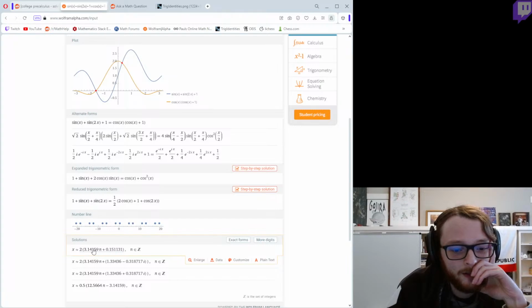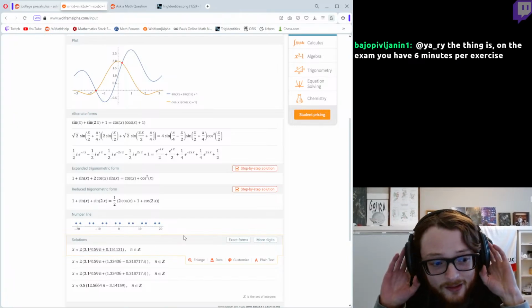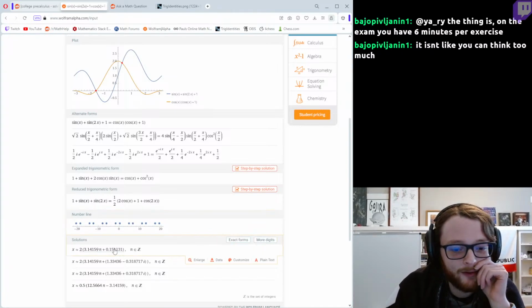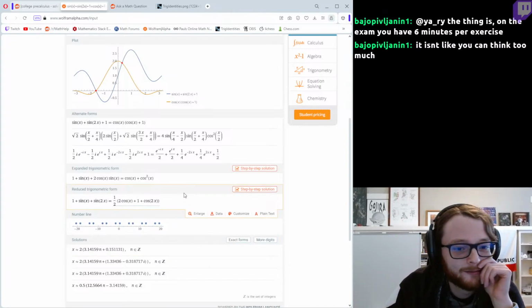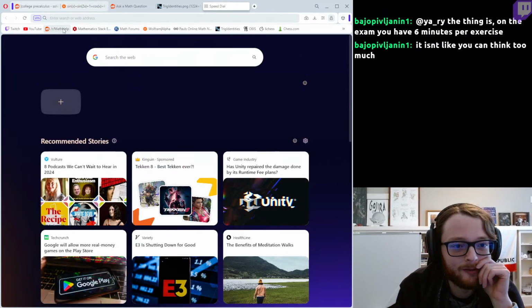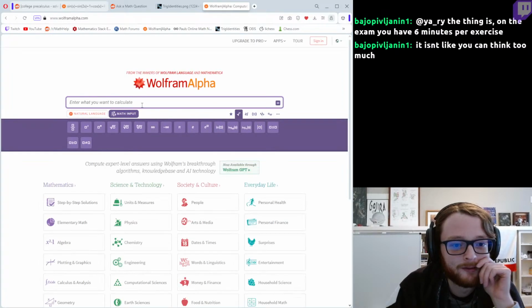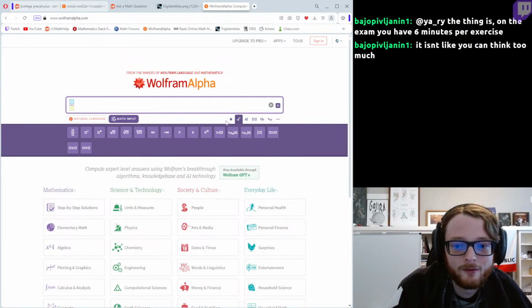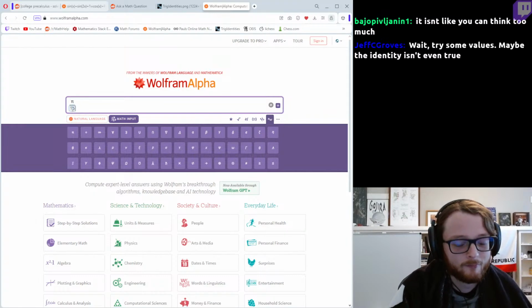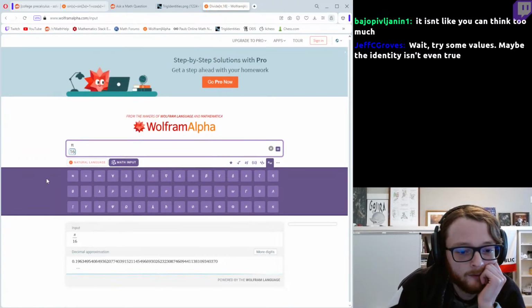3.14159, so that's just pi. I wonder what the 0.15 is. Maybe we could guess that it's pi over 8 or something like that, probably even pi over 16. Just out of curiosity, could we cheat to figure out what the answer is here? Wolfram Alpha is just approximating. We want 0.15?